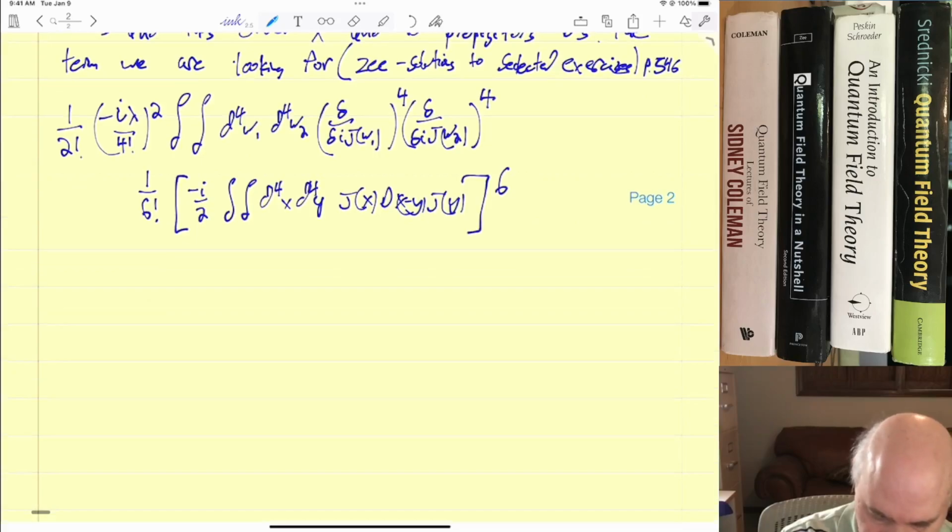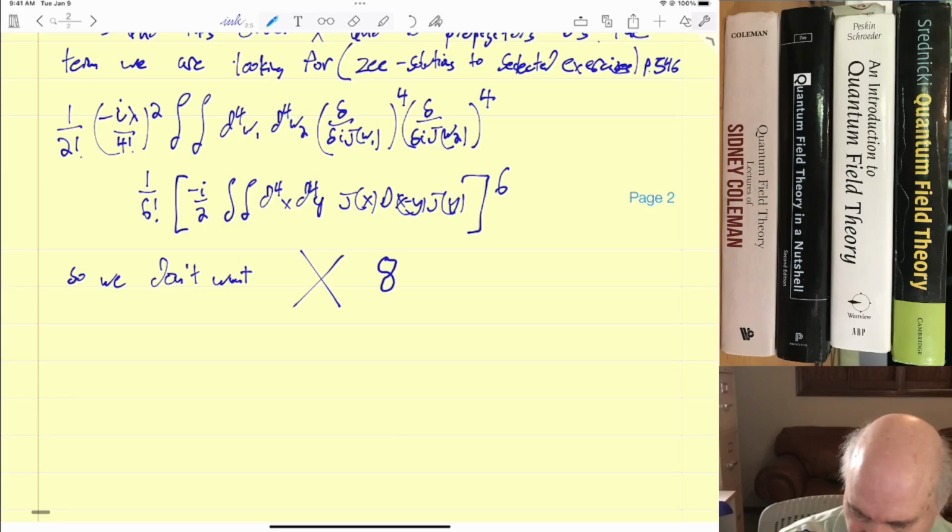And as I said, we want connected diagrams, so we don't want something like this. This is a disconnected diagram, like a vacuum diagram. It's second order because there are 2 vertices and there are 6 lines, 6 propagators: 1, 2, 3, 4 on the left thing, and then the top and the bottom contribute another 2.